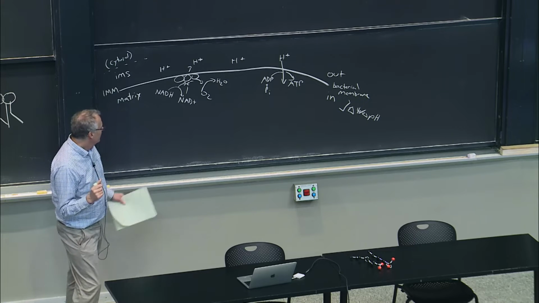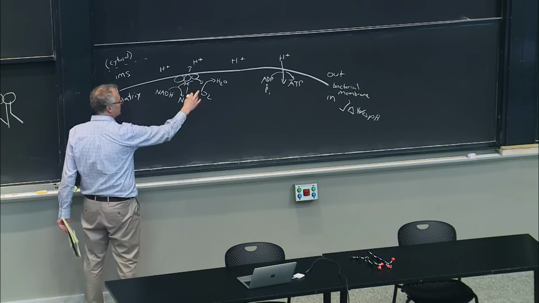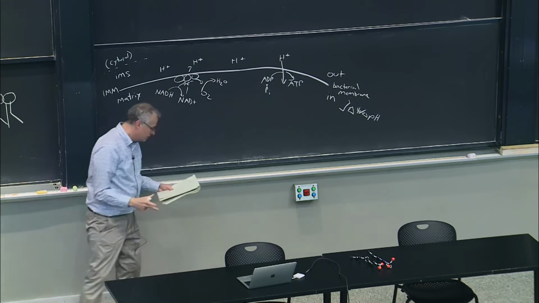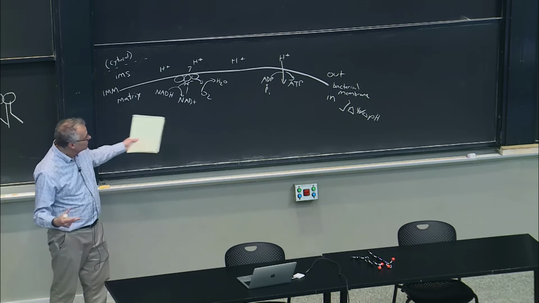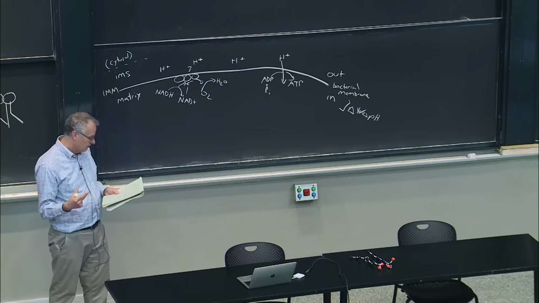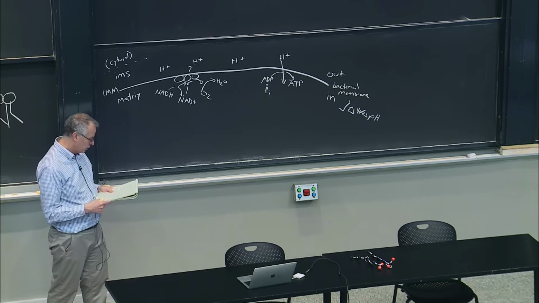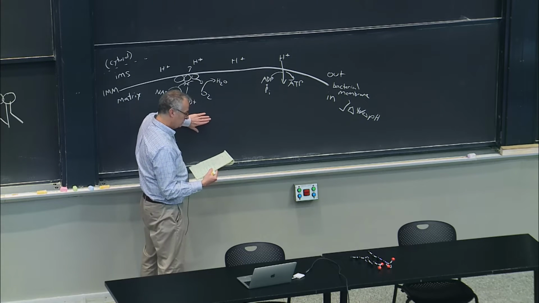Okay. All right, what I want to do next then is discuss each of these processes in turn. That is, how does this work and how does that work, to really understand what's going on in mitochondria and bacteria to carry out this process of oxidative phosphorylation. So first, let's talk here.